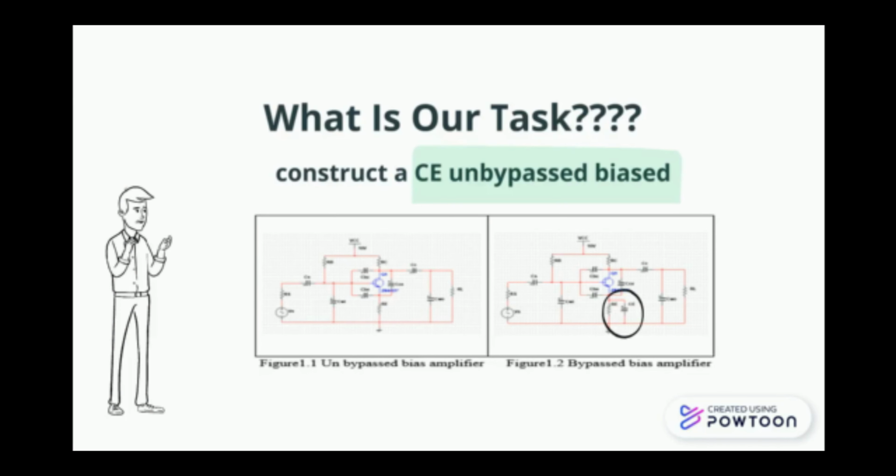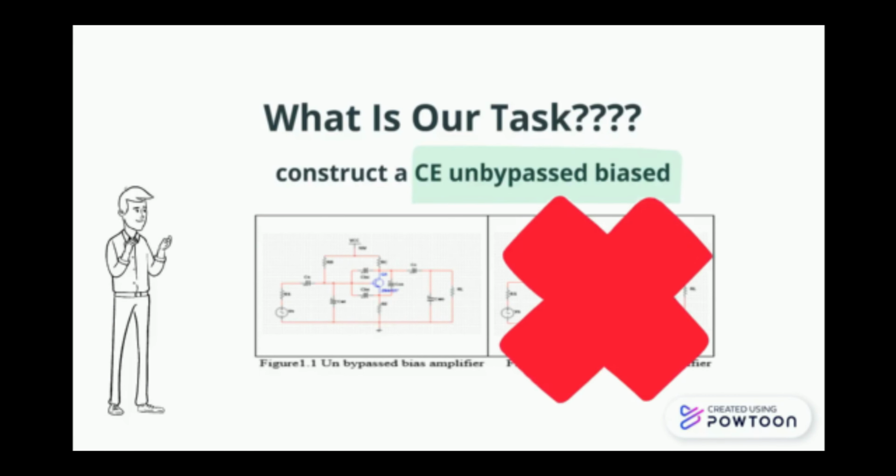That means the current will not flow to the emitter resistor, but it will flow to the emitter capacitor. But for the unbypassed bias amplifier, there is no capacitor in parallel with the emitter resistor, so the current will flow to the emitter resistor. So in this task, we need to construct a CE unbypassed bias. Therefore, we use figure 1.1 as our circuit.